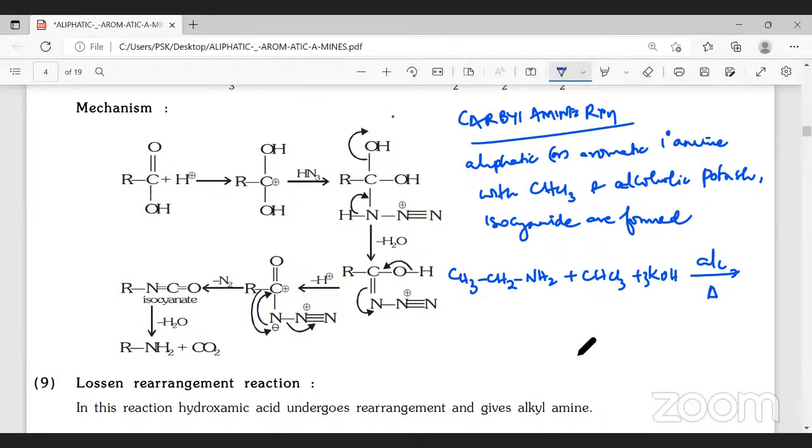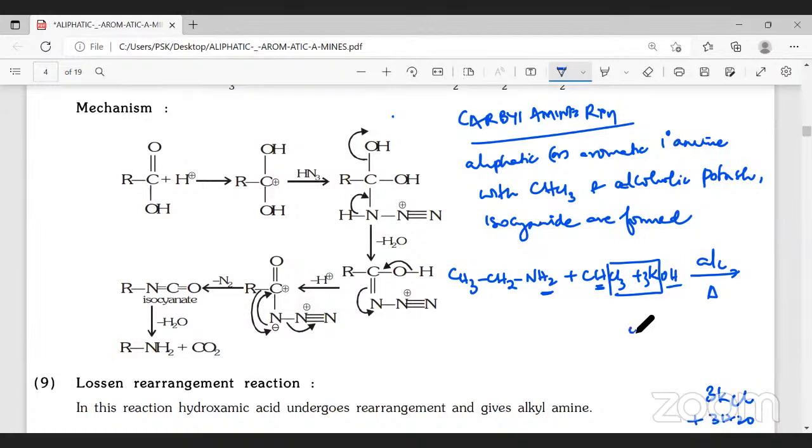So we'll take 3 moles of this. Now this 3 chlorine and 3K get eliminated as 3KCl. Now these 2 hydrogens, this 1 hydrogen, and you have 3 OH groups here. So these 2 plus 1, 3 hydrogens and 3 OH groups get eliminated as 3H2O.